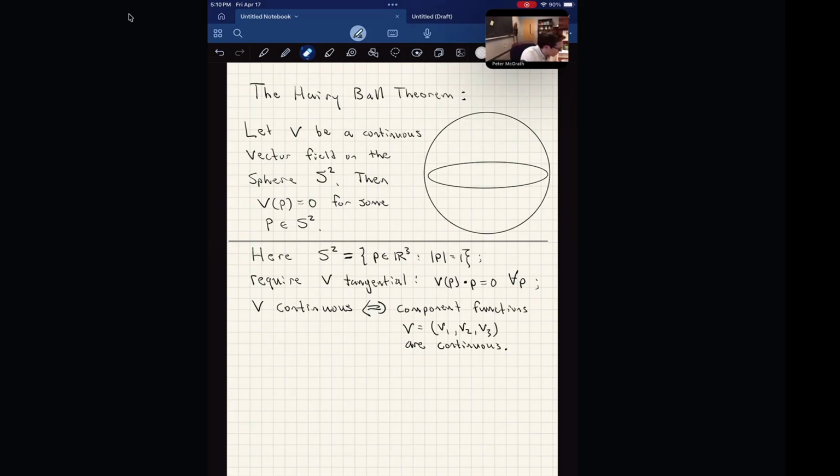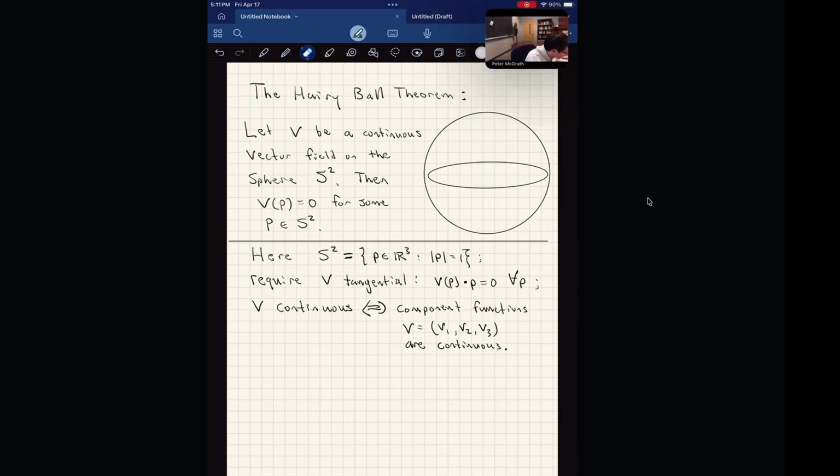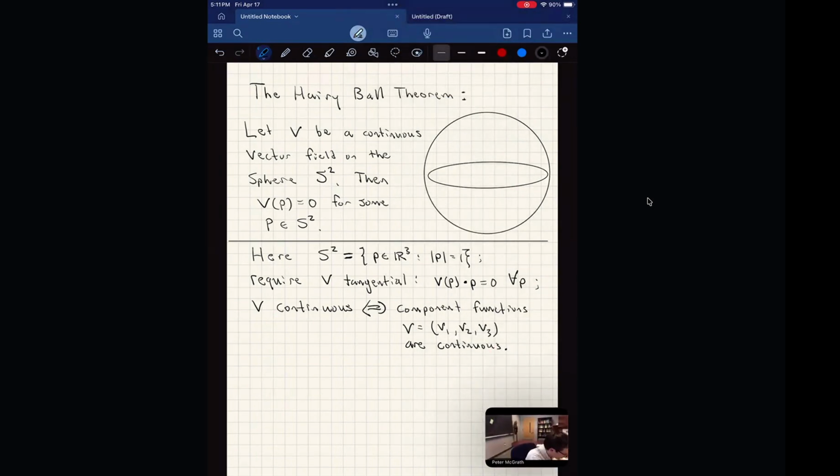All right, so let me get started with the result. Probably everyone here already knows it. So let me make a couple comments about notation. Let me just move this to the corner. Right, so I'm talking about vector fields on the two sphere. I'm considering it embedded in R3, just the set of points in R3 that have distance 1 from the origin. So I've got my cartoonish picture here on the right.